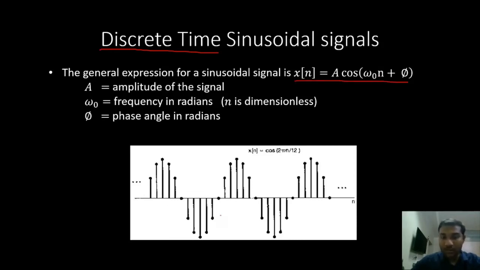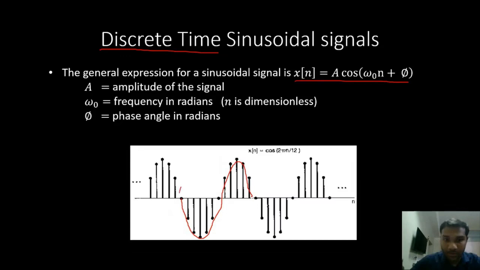Now here if you look at this signal, what is the period of this signal? We have to find the period of this signal. So this is the portion of the signal that keeps repeating itself, right?